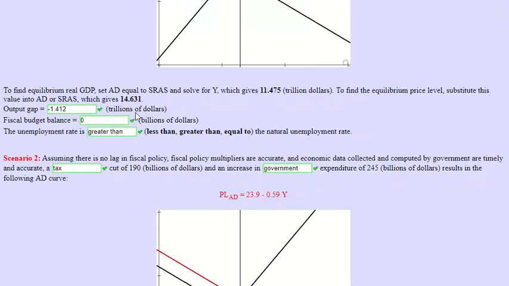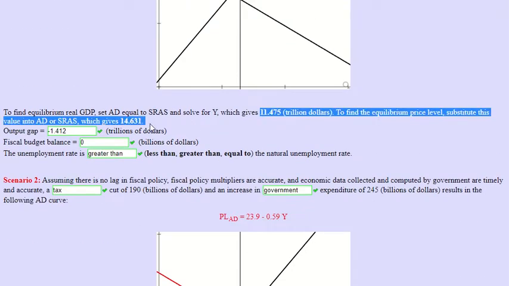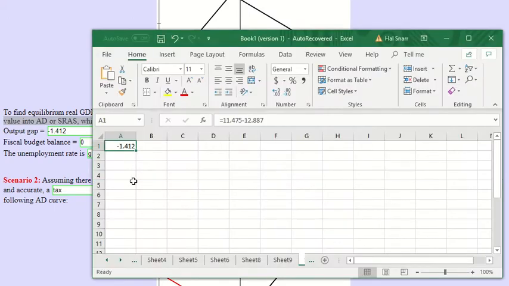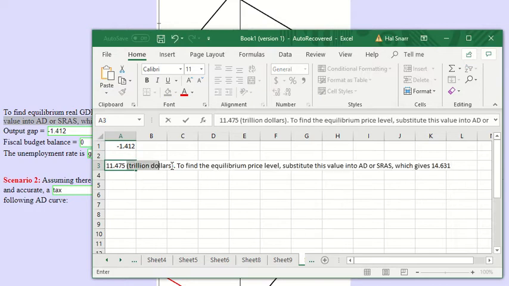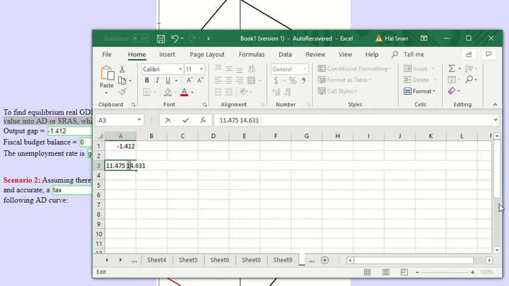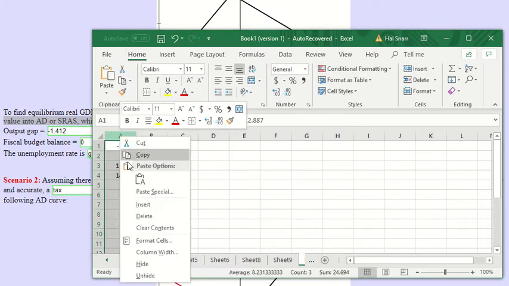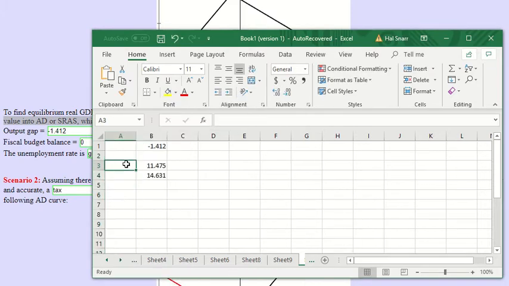So let's go ahead and grab the values of the price level and GDP level in scenario 1. Okay, that's GDP. This is the price level. So this is real GDP, and this is the price level.